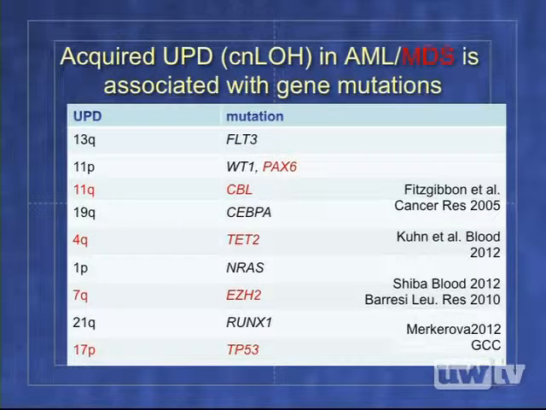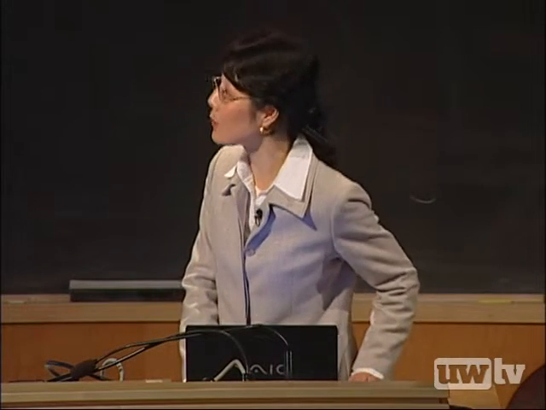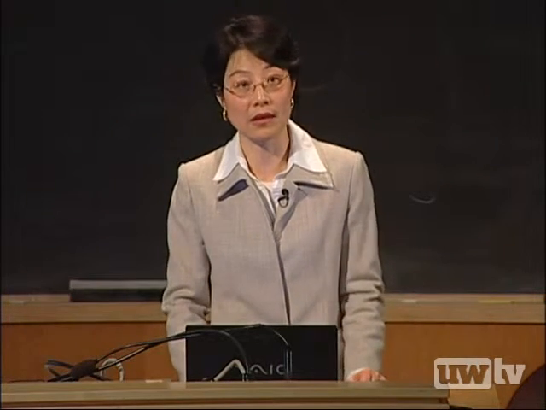That's a very common mutation with poor prognosis. And the 11p in AML is associated with the Wilms tumor gene, WT1 mutation, and in MDS it's associated with PAX6 gene mutation, and so on and so forth. Some of you working in that field will recognize some very important genes, well characterized and reported in the literature.